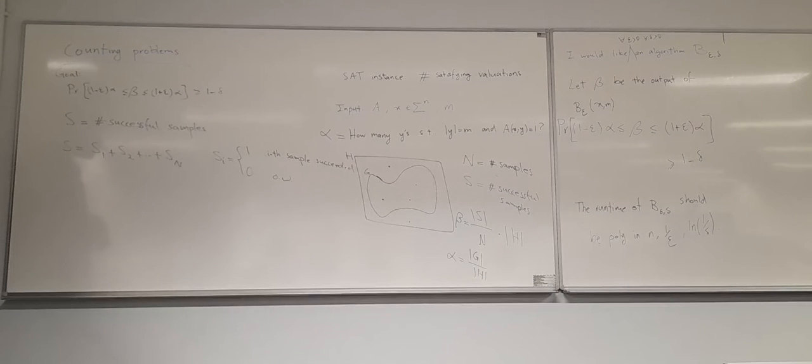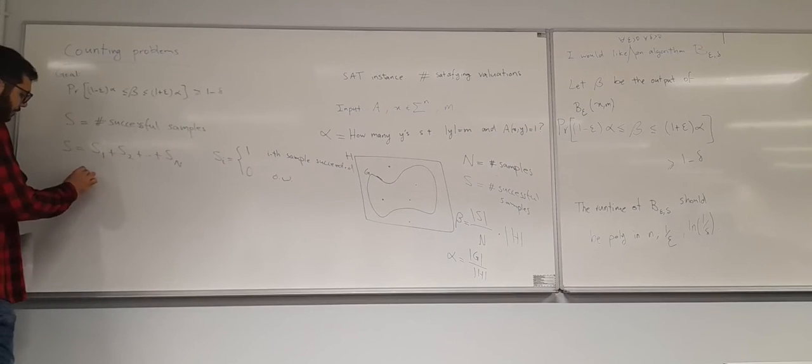So now I can talk about the expected value of S, and all the things that we used to do before. So we can talk about the expected value, we can talk about variance, and then we can apply Markov, Chebyshev, or Chernoff. And actually, I'm going to apply Chernoff. Okay. But what is the expected value of a particular Si?